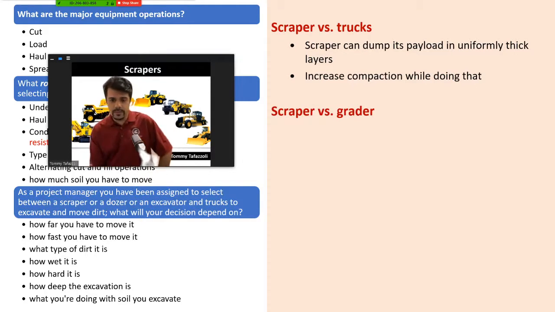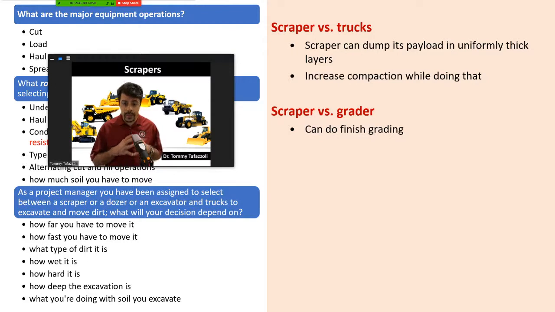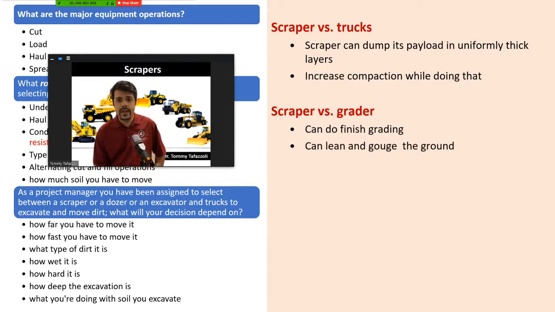So let's compare a scraper and a grader. Both of them are standalone machines that can do the job. They can do finish grading, which is important for us. They can level and gauge the ground.